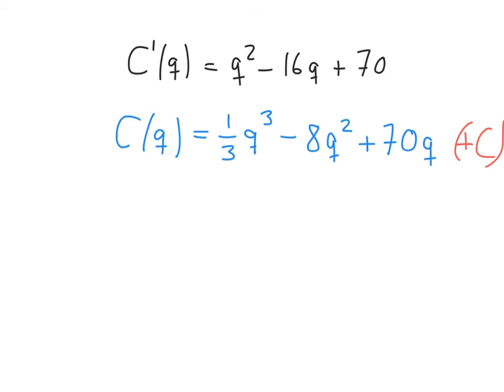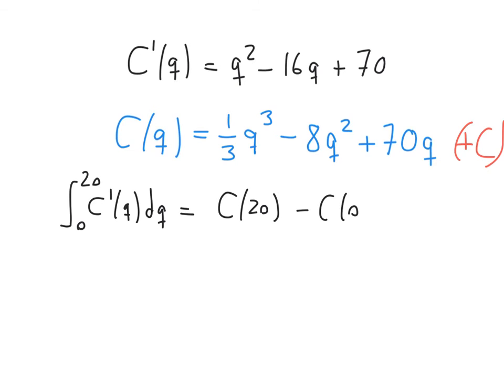So forget about plus C here, right? We have one antiderivative. So now we know from the fundamental theorem of calculus that the integral from 0 to 20 of C prime of q dq is C of 20 minus C of 0, right?